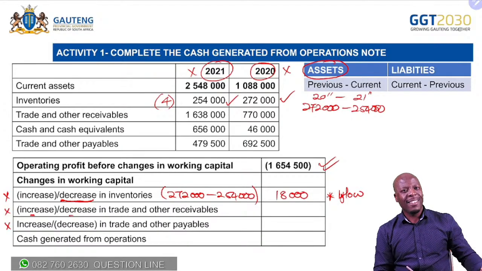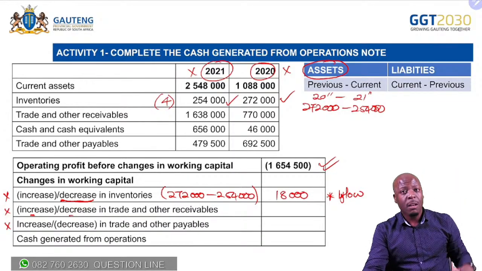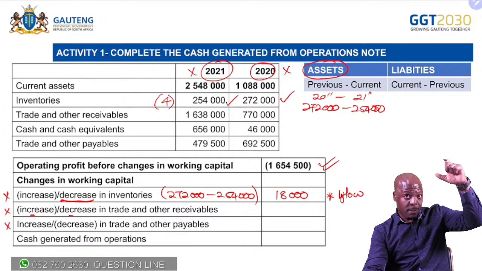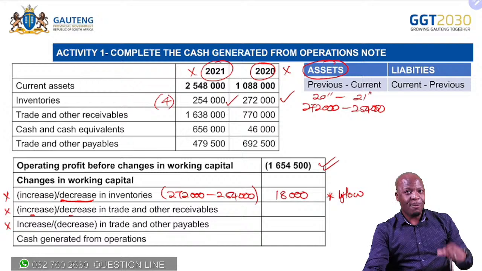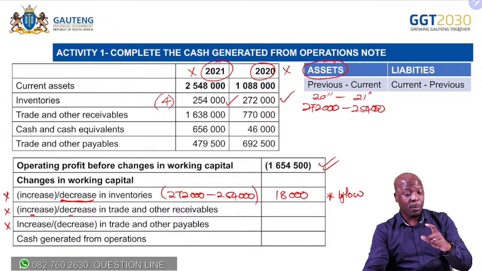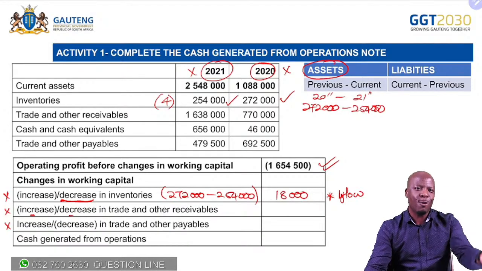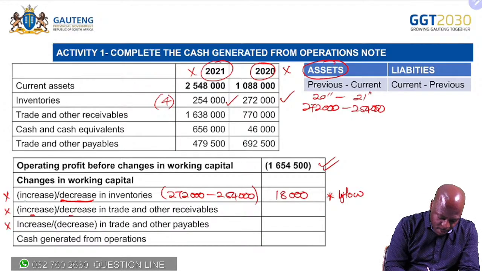If there's an increase in trade and other receivables, these are your debtors. If debtors are increasing, it means they're not paying you. And the moment debtors don't pay, we consider it to be a cash outflow. So an increase, we consider it to be a cash outflow.